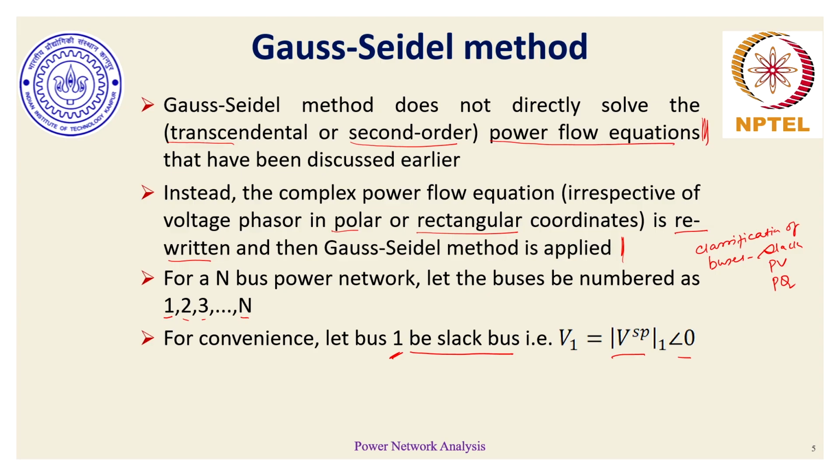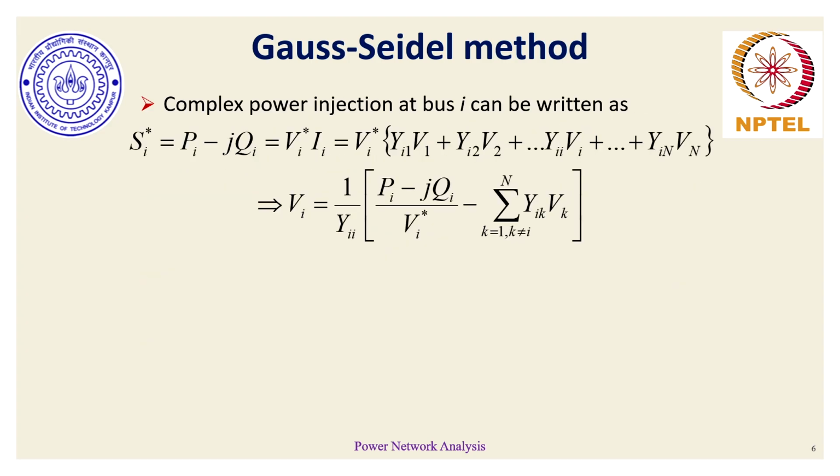So if I have to understand the Gauss-Seidel method, let's look at what our complex power flow injection equation was. The basic complex power flow injection equation was based on the fact that the complex power at bus i, which is S_i, is the product of the voltage phasor at bus i and the conjugate of the current phasor at bus i. So if I rearrange the conjugate term, essentially I would have S_i conjugate into V_i is equal to V_i conjugate into I_i, where I_i can be further expanded in terms of individual Ybus elements and all n bus voltage phasors.